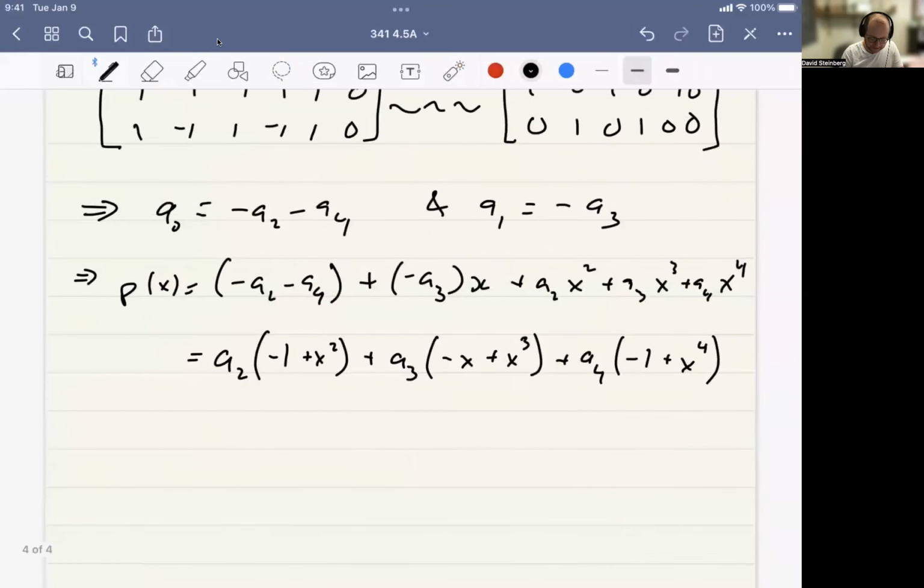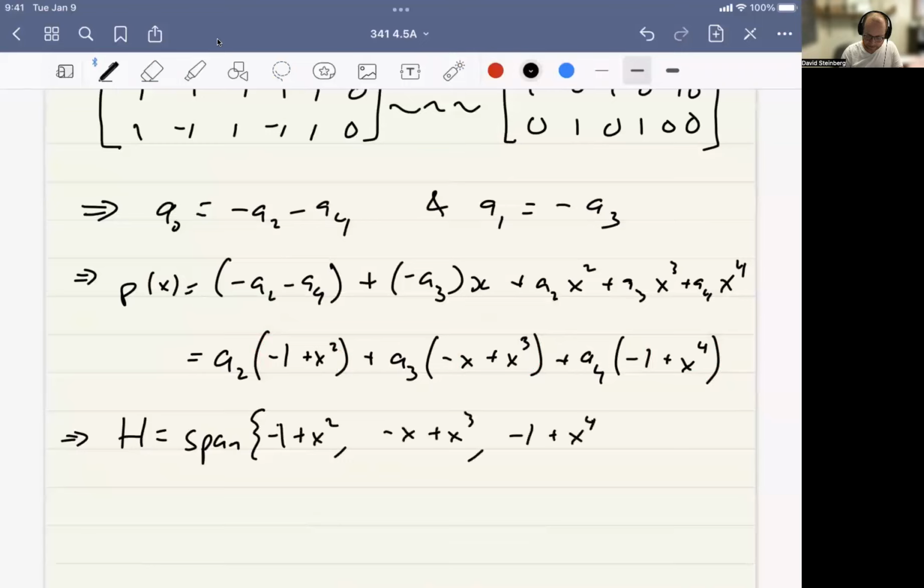And what this is telling us is that H is actually equal to the span of these three polynomials: -1 plus x squared, negative x plus x cubed, -1 plus x to the fourth.